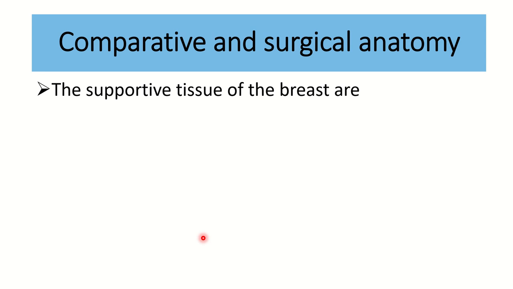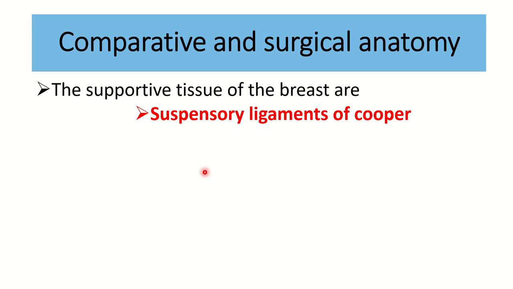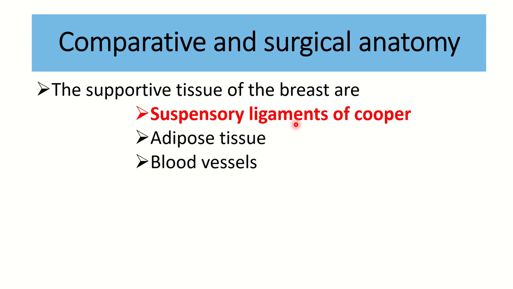And now the supportive tissue of the breast is formed by the suspensory ligament of Cooper, the ligament which attaches the pectoral fascia to the dermal fascia of the skin, then adipose tissue, blood vessels, nerves, and lymphatics. So they are the supportive structures of the breast.